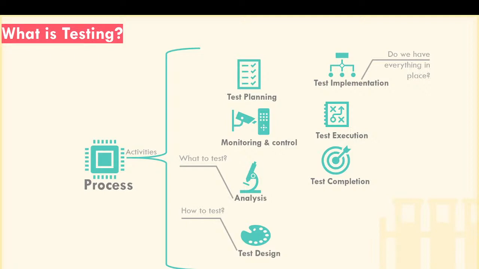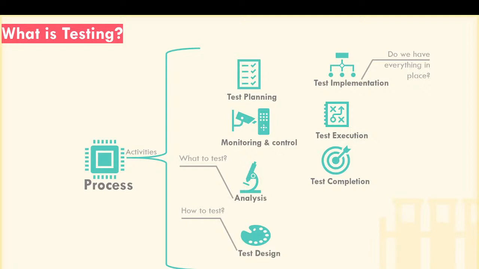When you talk about test completion, it should be reported and fixed so that decisions can be taken. When you get a bug or defect, you should report it and follow up to make sure it is fixed before releasing the software.